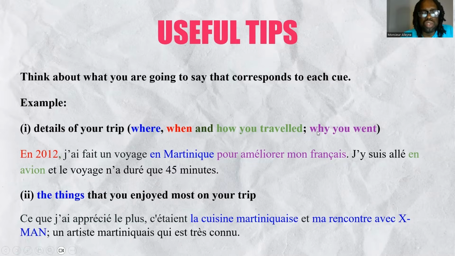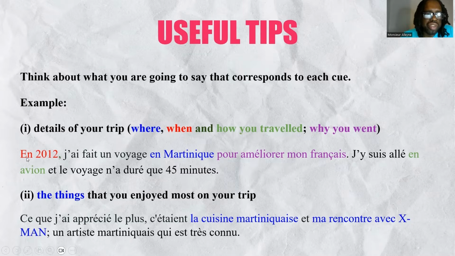And they also want to know, why did you go? All right. So for each thing, I put it in a different color to help you follow what we put in this sentence here. All right. So everything that is needed or is required from the cue is in this short paragraph.